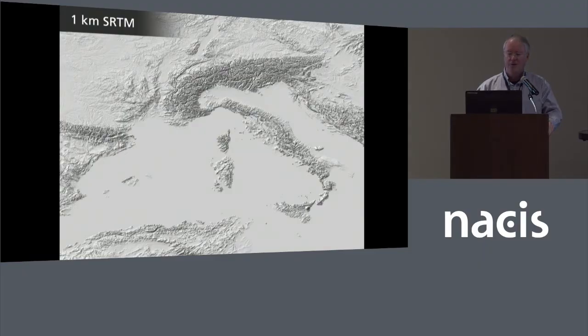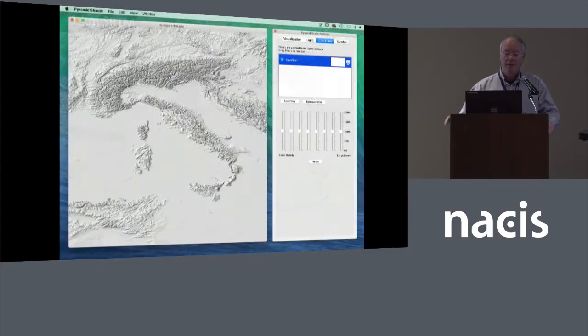The first step I took in processing this relief is I used a software package called Pyramid Shader, developed by Bernie Jenny, Jim Aynard, and Charles Preppernau. It's free software. I brought the SRTM DEM into it, and I used the equalizer filter, and I played around with the sliders that you see in the lower right.